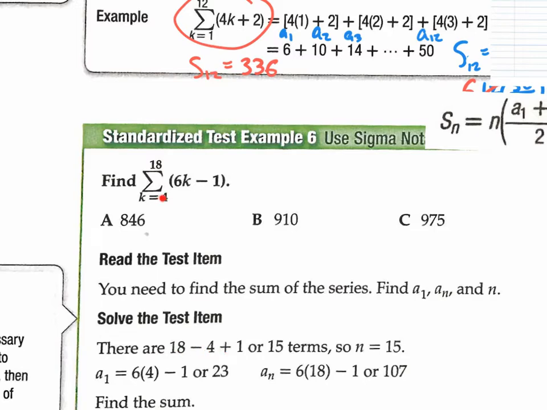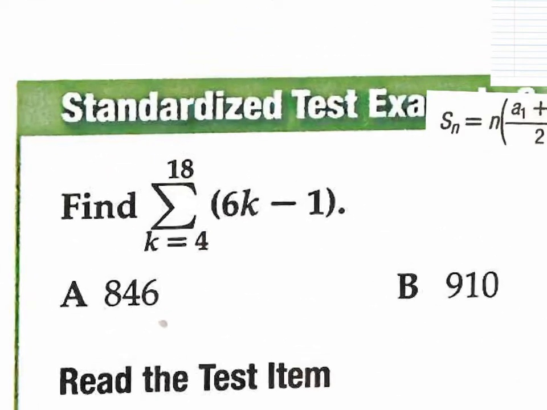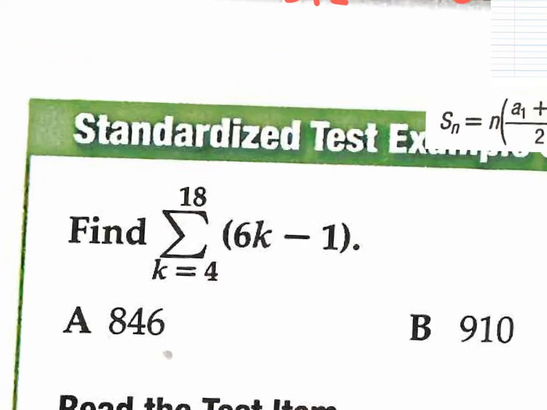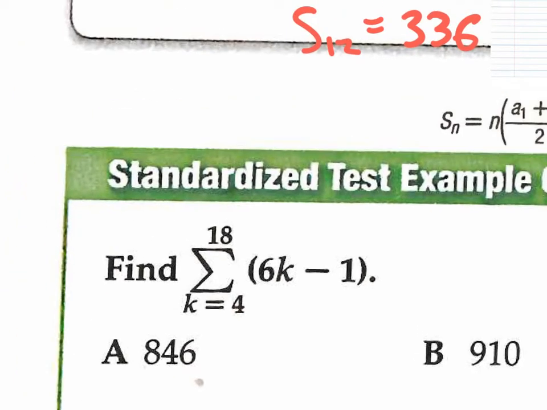You see, it doesn't start at 1. If it was k equals 1 to 18, yeah, there'd be 18 numbers on your list. But it's from 4 to 18. Okay, so let's think about that. The book says 18 take away 4 plus 1. So there's really 15 numbers on your list. Now that might confuse you, so let's think about this.